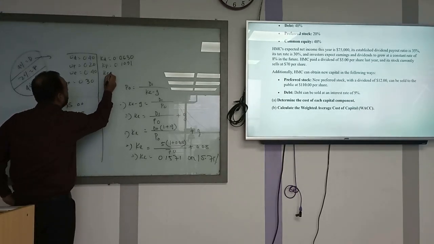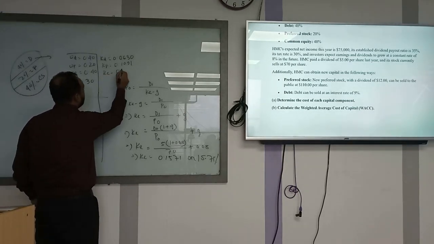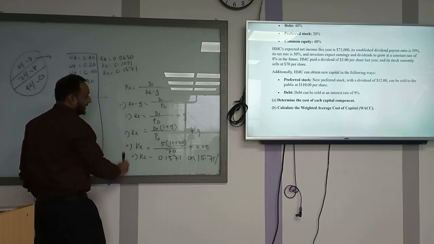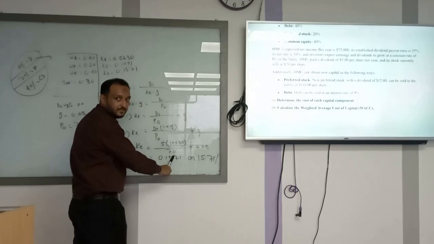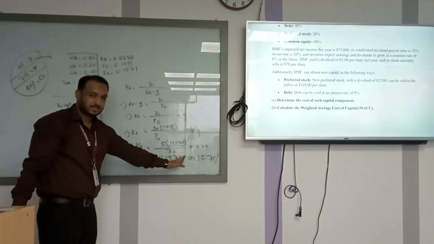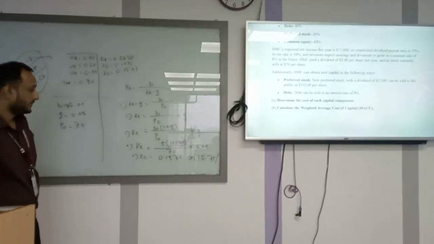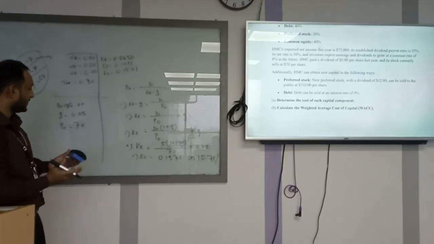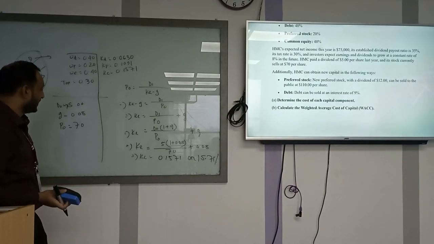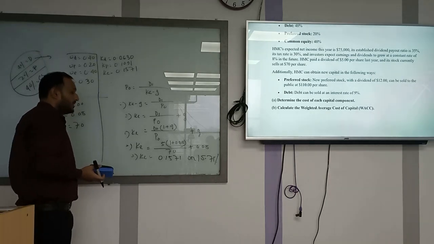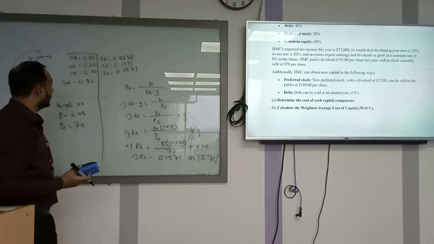So KE পাওয়া গেল, that is 0.1571। এরপর আর কোনো ভ্যালু ছিল? ঠিক আছে। So KE is 0.1571 or 15.71% done.